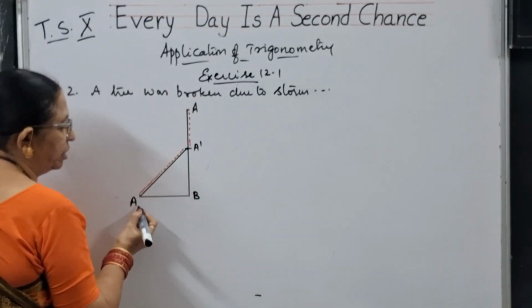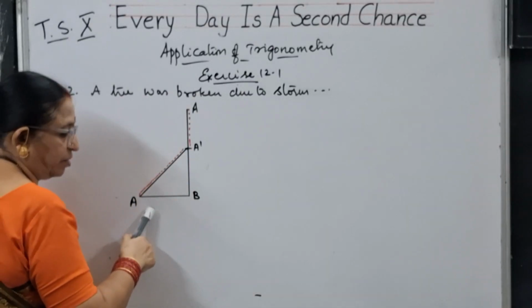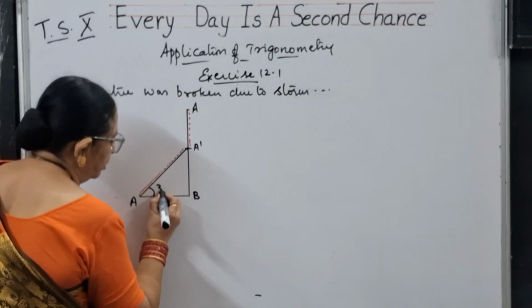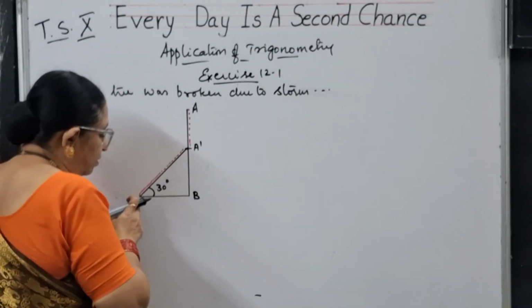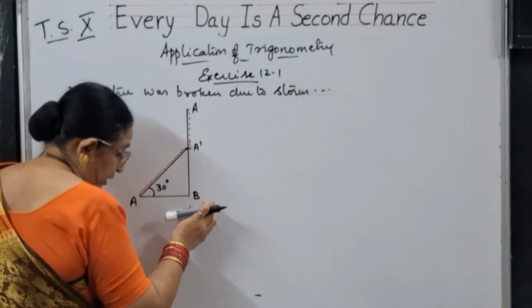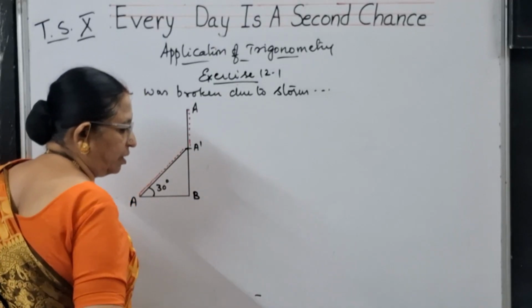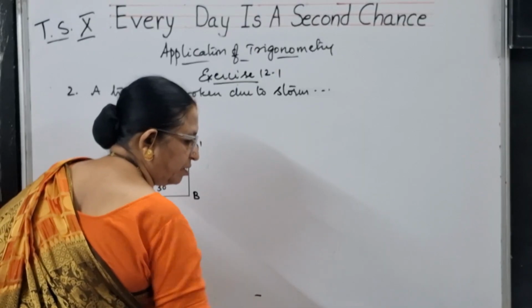This point has come here, and this is making an angle with the base, with the bottom. What is the angle that it has made? It is made an angle of 30 degrees. And at what distance has this point fallen from the bottom of the tree? They said that the broken part of the tree touches at 30 degrees.